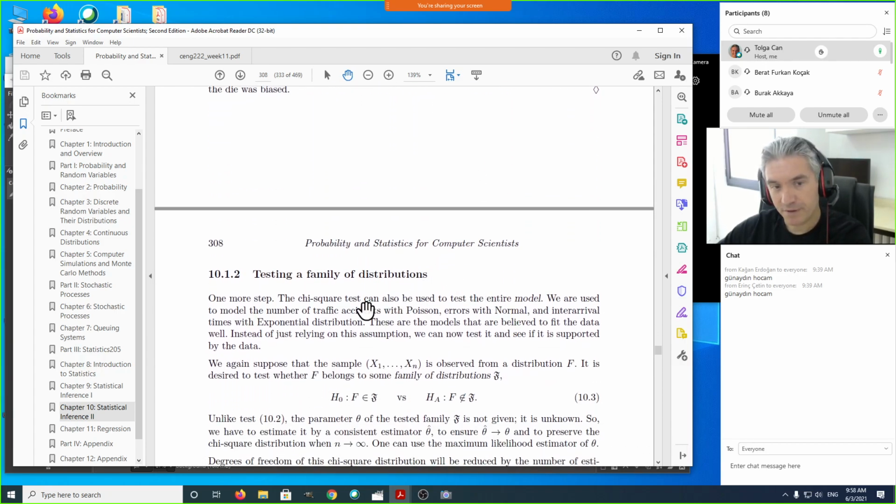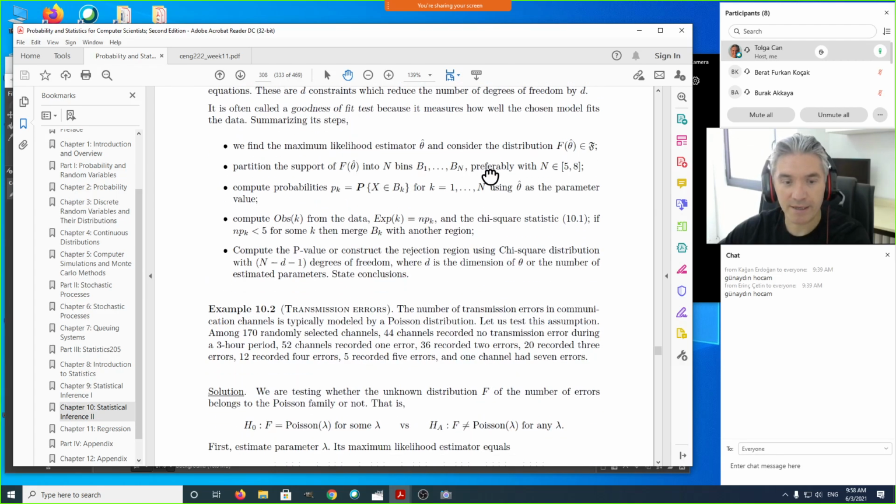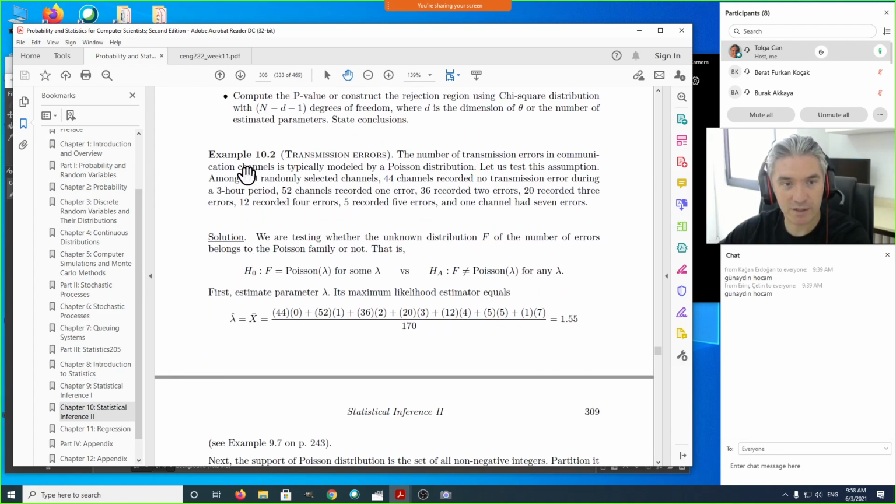And the only difference when we are testing against a family of distributions is that we first estimate the parameter. The example we looked at here was Example 10.2, where we first estimated lambda to be 1.55. And since Poisson has only one parameter, lambda, this is going to decrease our degrees of freedom when we conduct the test.